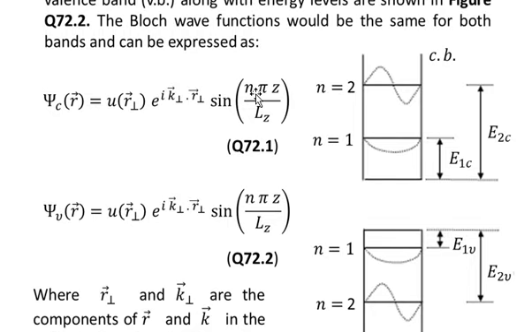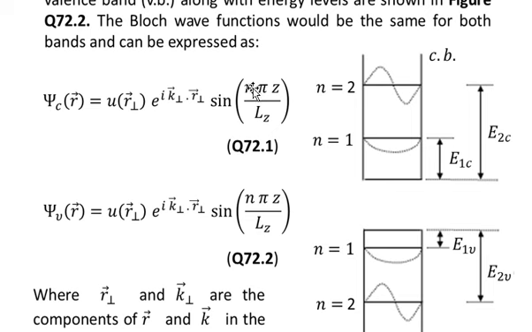So for example, n is equal to 1. If you put n is equal to 1 in equation number 72.1, in the sine function you have sine of pi z over Lz. But you know that in order to find the wavelength, you need to multiply by 2. You have now pi z over Lz for n is equal to 1. Multiply 2 in the numerator and 2 in the denominator.